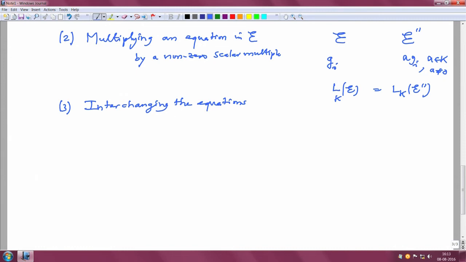So, we are going to apply these elementary operations and convert the given system of linear equations into a nice one, where after looking at the new system, we should be able to detect the solutions. Okay. So, this process is well known.